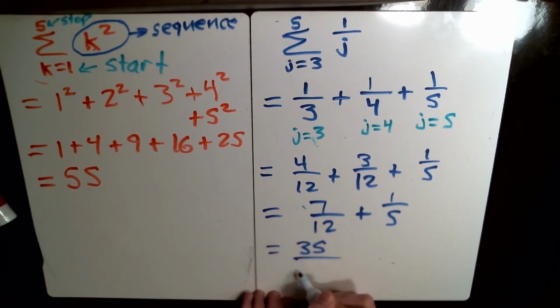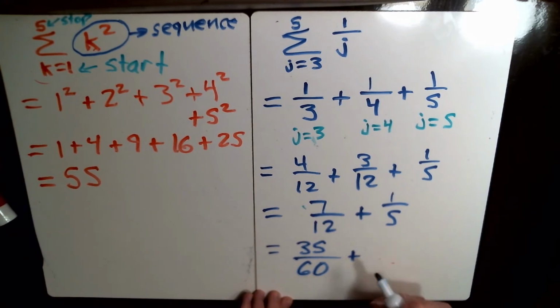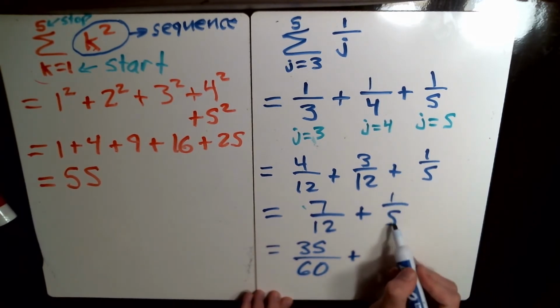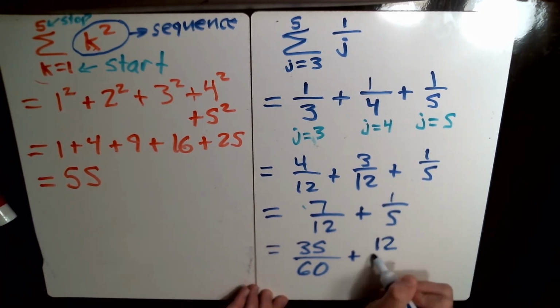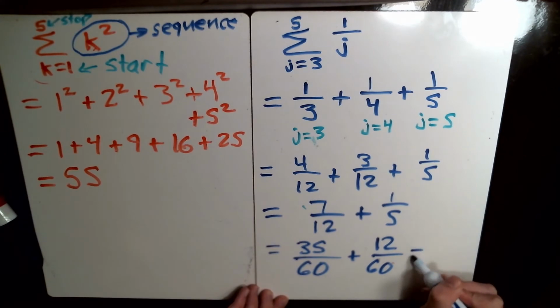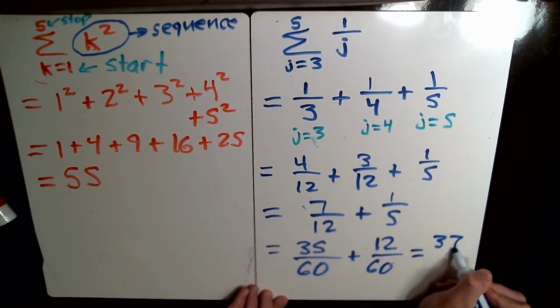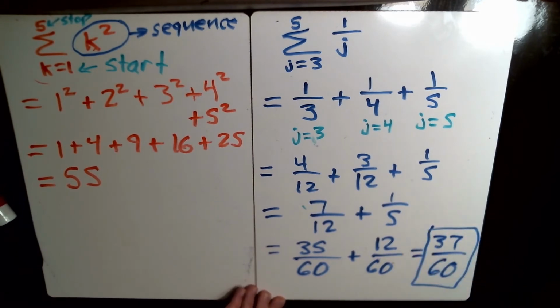So we get 35 over 60 plus this one I'll times by 12 over 12. So 12 over 60. This would be 37 over 60 would be the sum. Okay. So again, sigmas just mean that you're adding something to itself repeatedly.